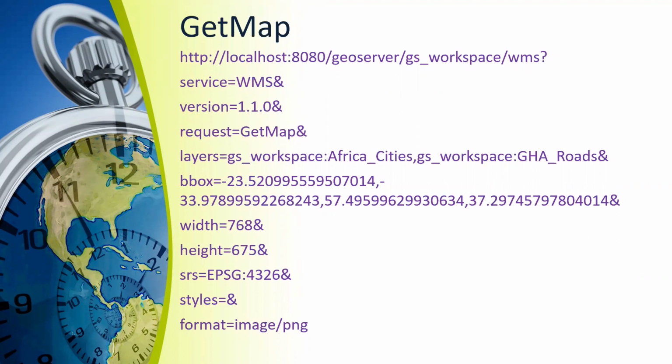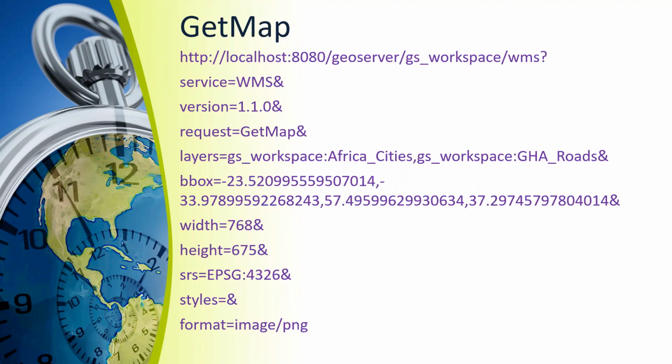The first coordinate represents the top left, then the second coordinate represents the top right, and then the other coordinate represents the bottom right, and the final coordinate represents the bottom left. And then you have what you call the width and the height. So the width and the height are what we refer to as the pixels. The units are the pixels.